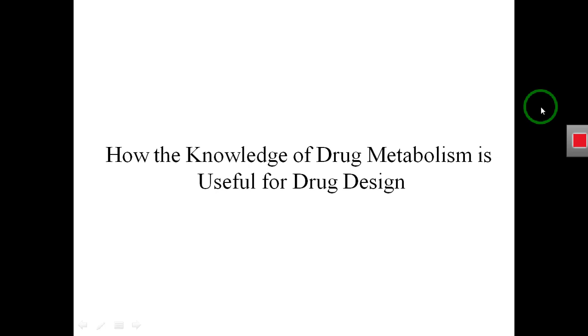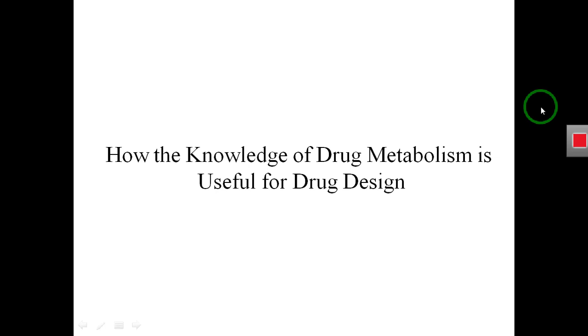When the drug is metabolized in phase 1 reaction, it then reaches the phase 2 reaction. So what is the purpose of phase 2 reaction? In phase 2 reaction, the drug becomes sufficiently polar, so it can be excreted from the body.